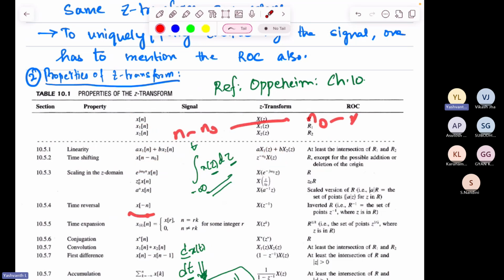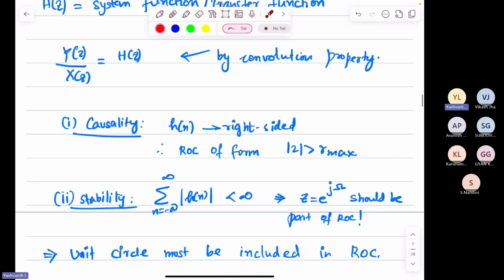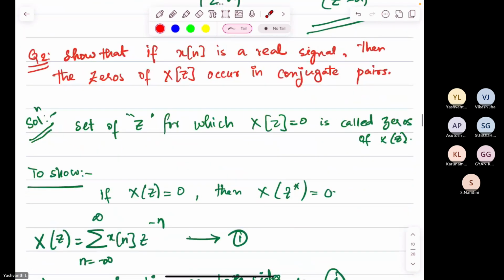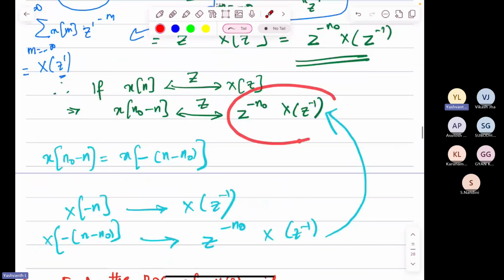So I am also applying time reversal. That makes x of z become x of z inverse. That's why you have both z power minus n naught into x of z inverse. Both come into the same place. That is the intuition why you have z power minus n naught into x of z inverse. Is this clear?